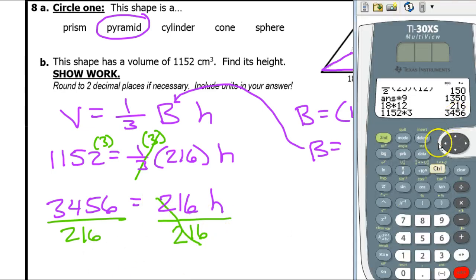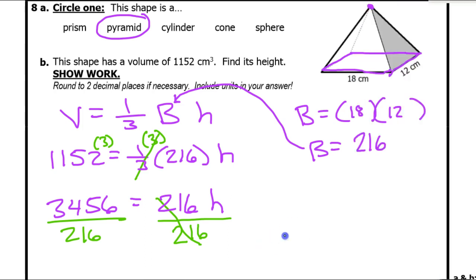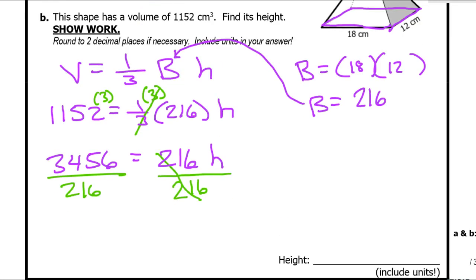So I already have that number, so I can just divide by 216. So that's going to be 16. Okay, the units of length are centimeters, and height is a length, so I'm just going to write 16 centimeters.